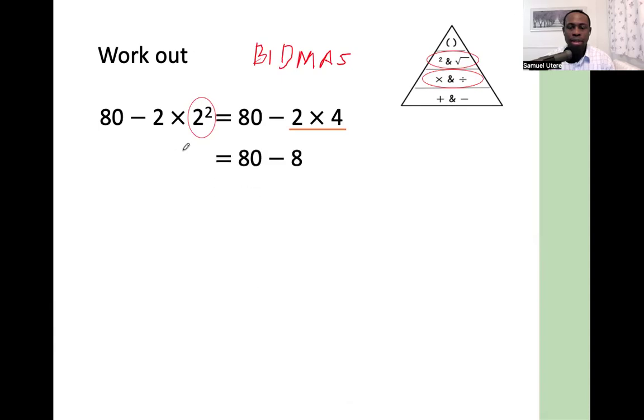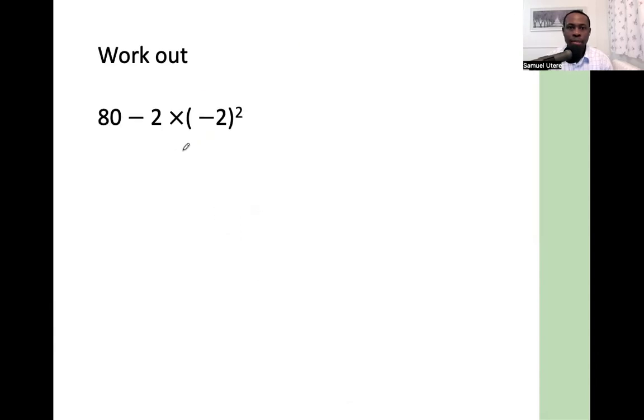So you can see the order of operations, and some people prefer BIDMAS. You can see it right there on the screen. So you do 80 subtract 8, which is 72. What about this one? Which one should we do first? Well, we'll do the indices first. We'll do the index or the power.